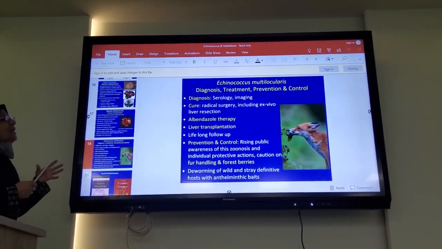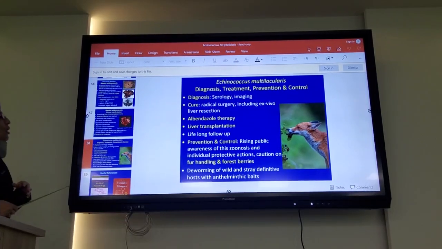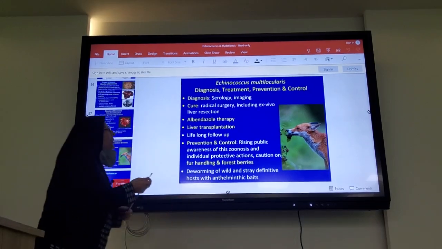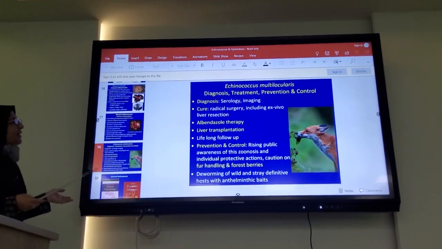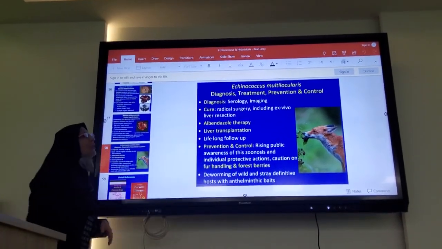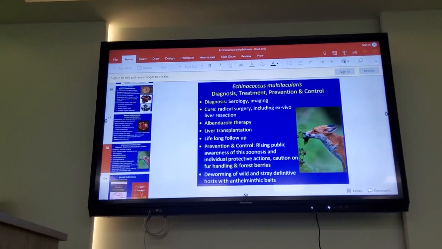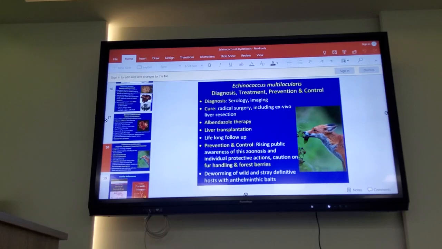For the prevention, it is difficult because the life cycle is happening in the wildlife, but some things, for example, avoiding forest berries and handling the food of the parasites, are important. Some European countries use praziquantel baits to control the parasite in the fox.